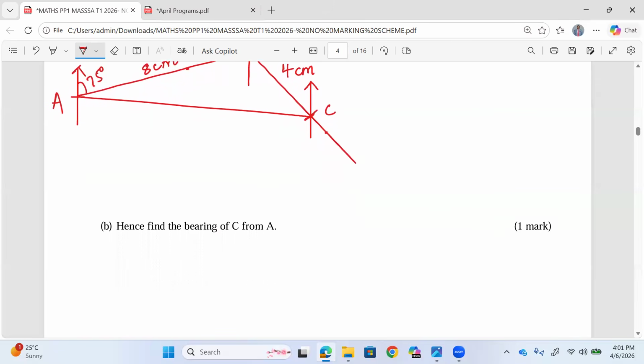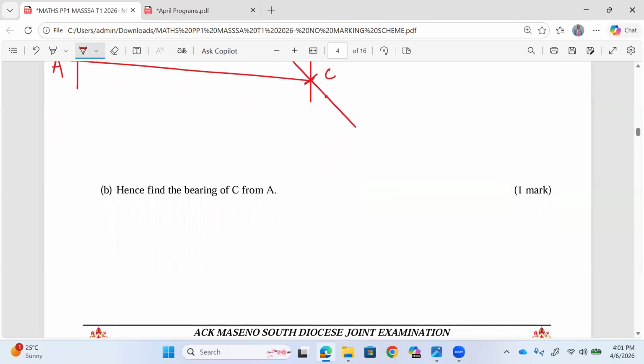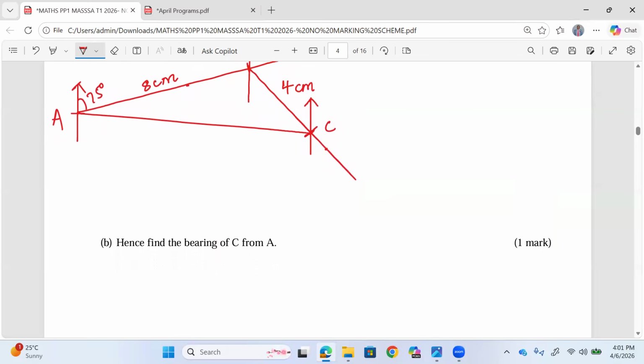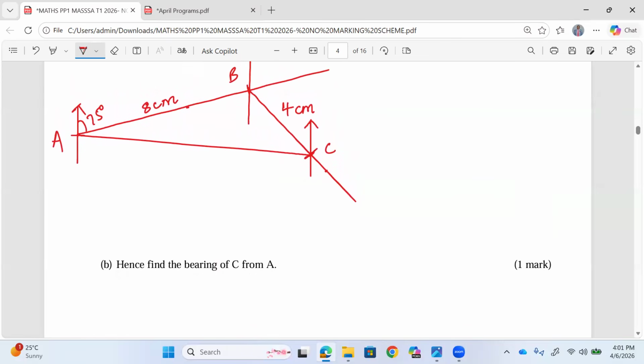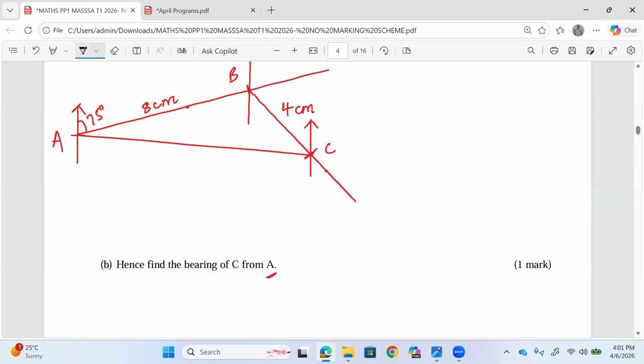Then from that, we find our part B that says we find the bearing of C from A. Bearing of C from, look at from. So we measure from A. We check the line that connects A and C, a very straight line.